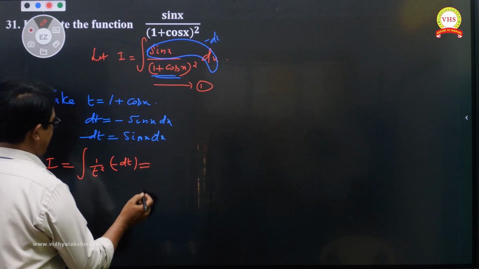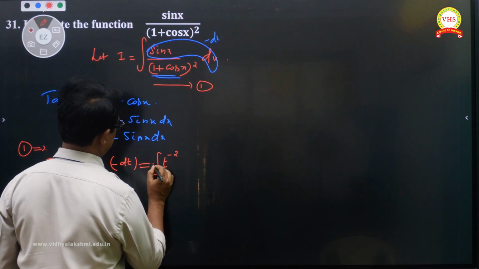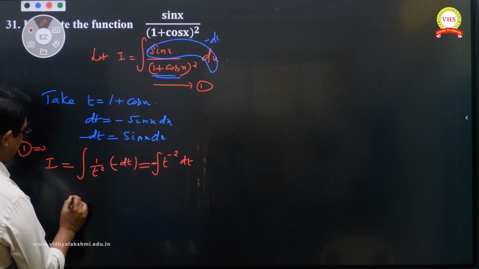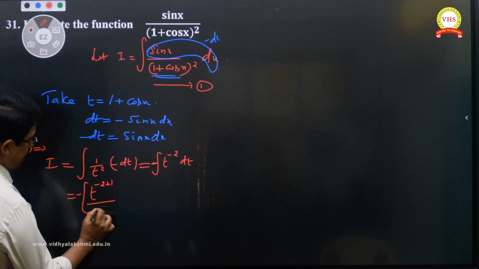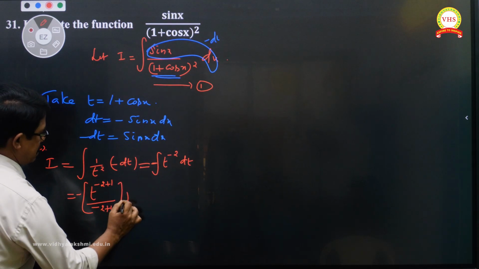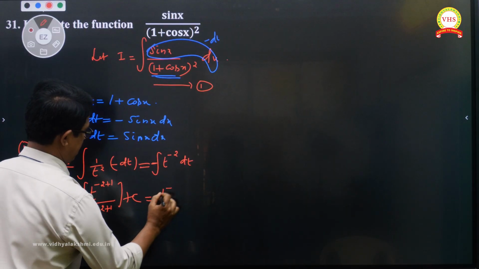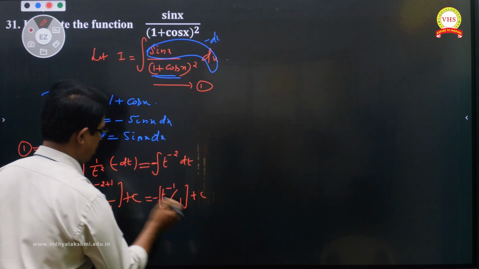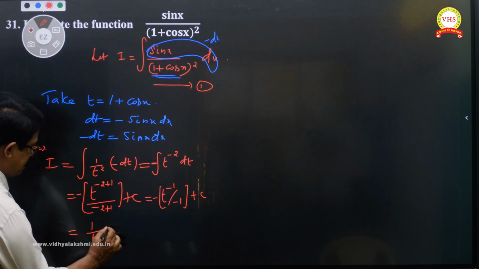So there is no direct formula; we take it into the numerator as t power minus 2, with minus outside, into dt. Now t power n gives t power minus 2 plus 1 by minus 2 plus 1, with minus outside, plus c. Then finally, the answer is minus of t power minus 1 by minus 1 plus c. Now minus into minus is plus, and 1 by t power inverse becomes 1 by t plus c.